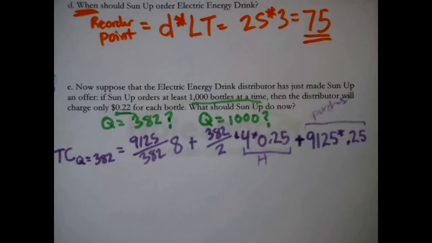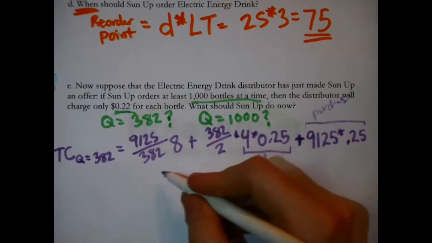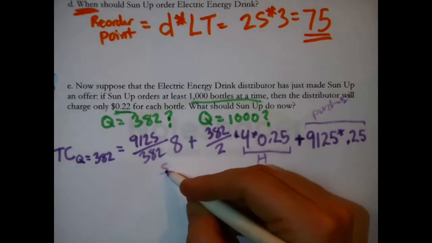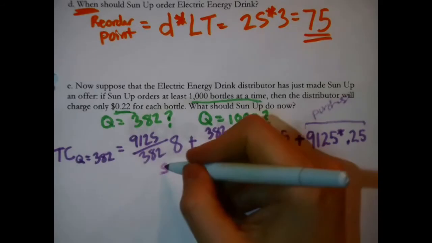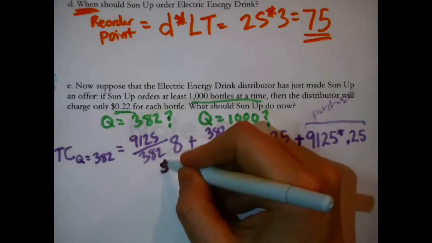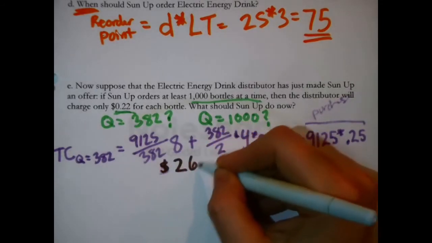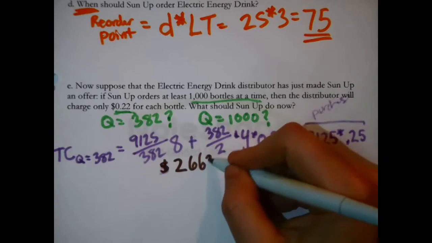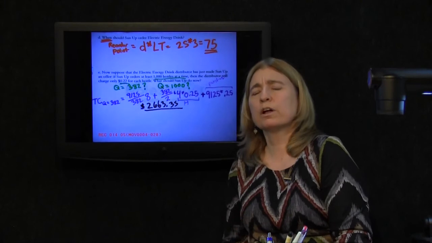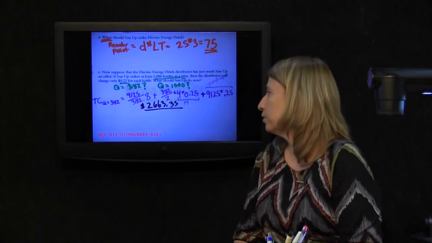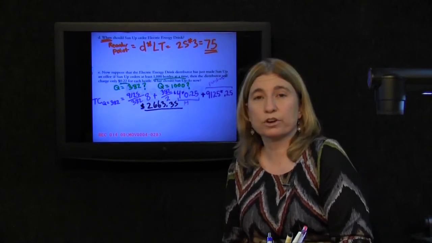Well, I did that, and I got that this whole amount comes out to be a grand total of like 2,663.35. The total relevant cost of ordering them 382 at a time, which is mostly the purchasing cost.